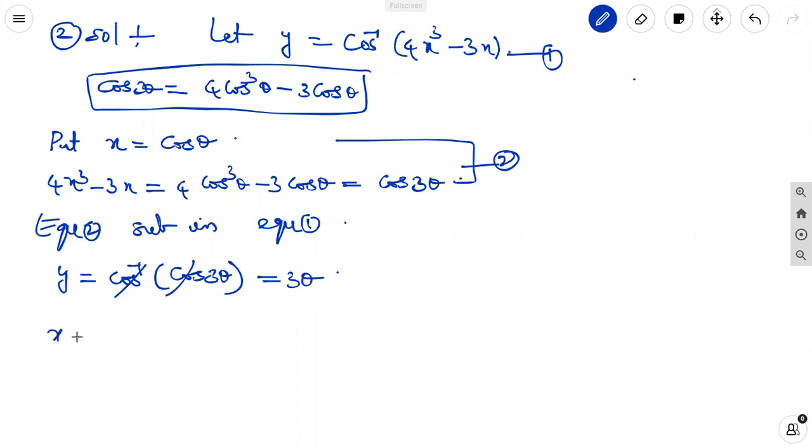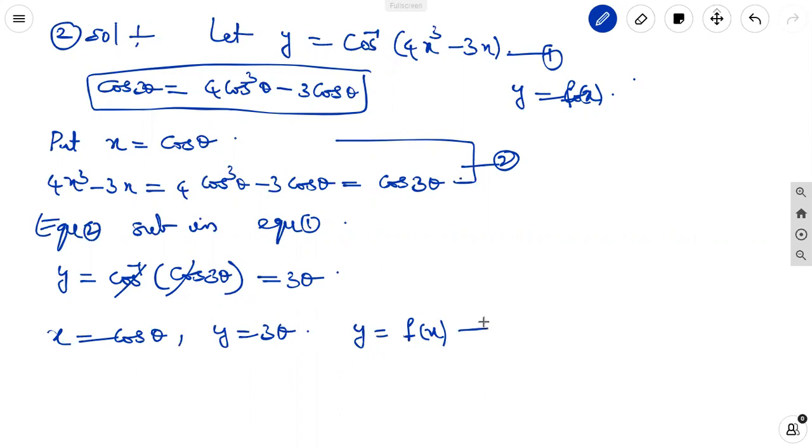Here x equal to cos theta is there, y equal to 3 theta, but the given function is y equal to f of x. Here the given function is y equal to f of x, means if we are differentiating y with respect to x, means dy by dx equal to dy by d theta into d theta by dx.